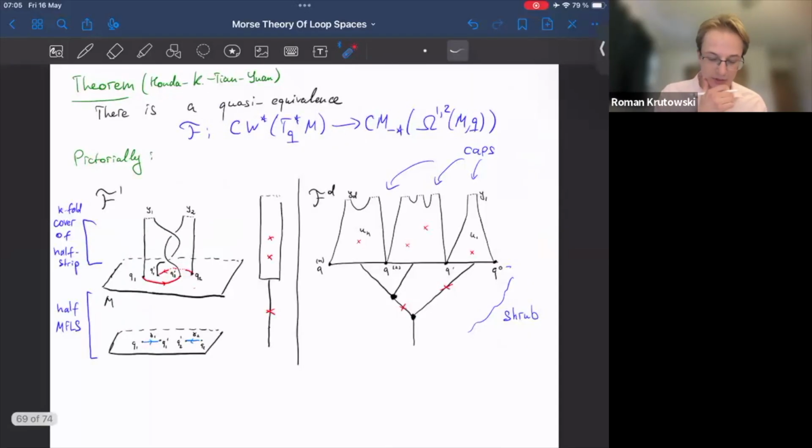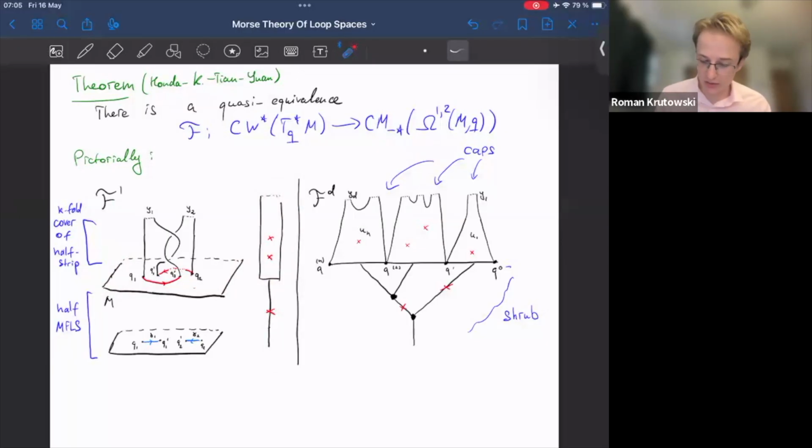And the map here is pictorially given as follows. So let's first look at f1 of this functor. It counts trajectories like this, where half of the trajectory corresponds to a kappa-fold cover of a half strip, with the condition that on this boundary it is sent to the zero section, and after that it travels along half of the Morse flow line with switches.